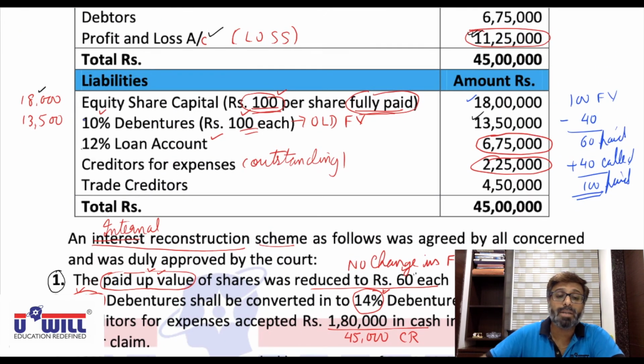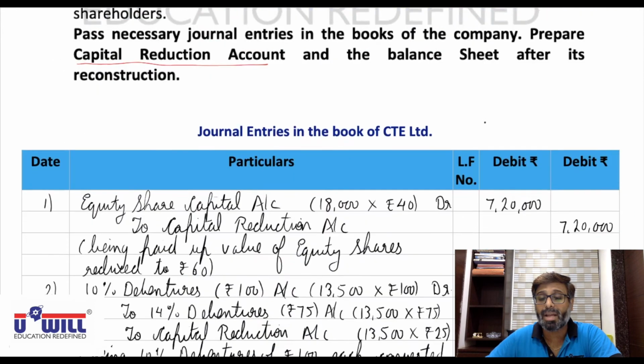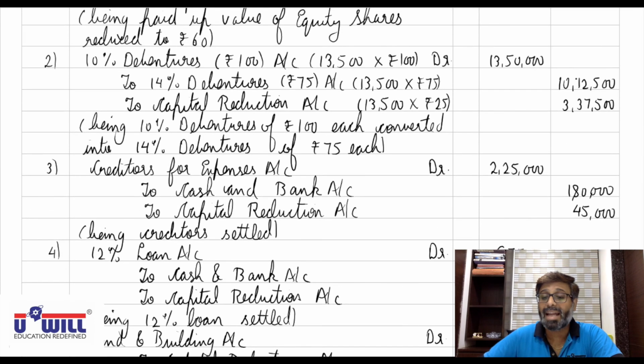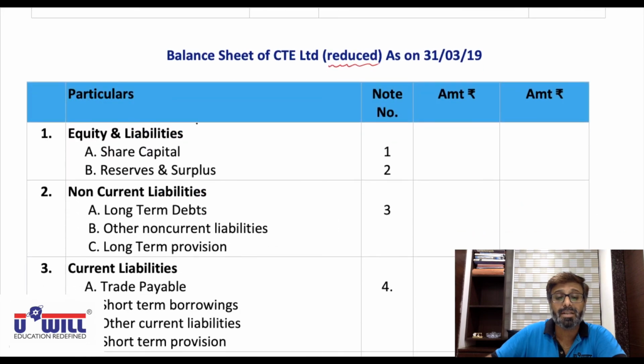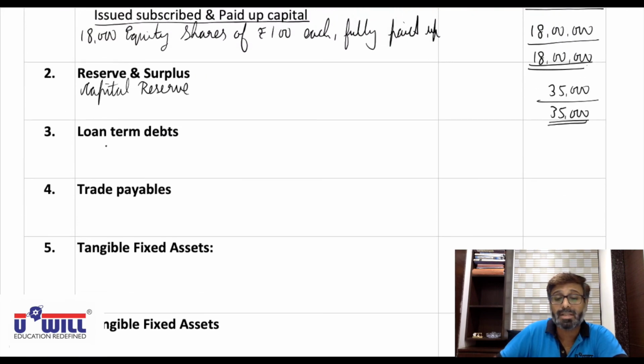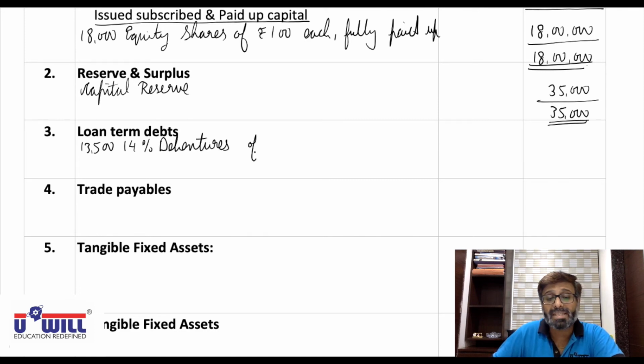Now long-term debts, we have two long-term debts over here in the old balance sheet, loan and debentures. Now debentures of 13,50,000 now become 10,12,500 because now they become 75 rupees and 14%. From 10% they become 14%. So in long-term debt you will write 13,500 debentures, but instead of 10%, 14% debentures of rupees, instead of 100 now they become 75 each, 10,12,500.